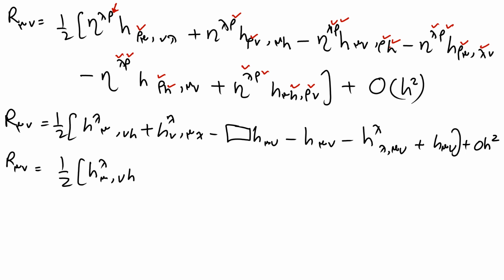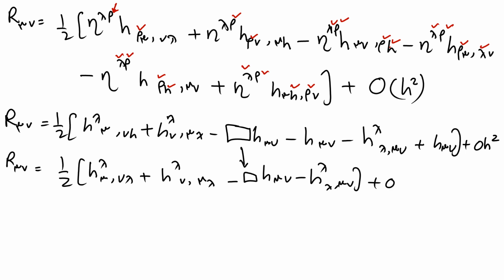Sorry, I have the habit of writing h lambda plus h lambda mu lambda, minus this Laplacian comes here, minus, plus O(h squared).